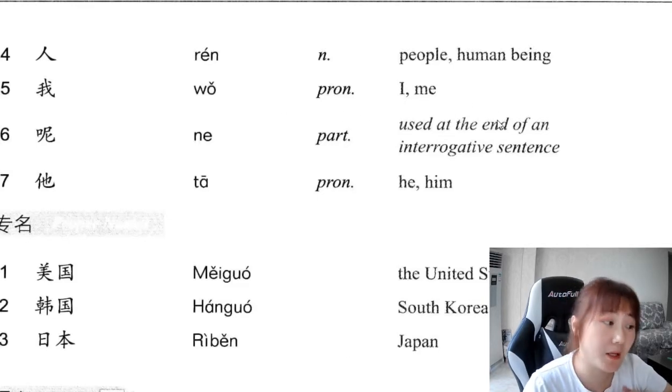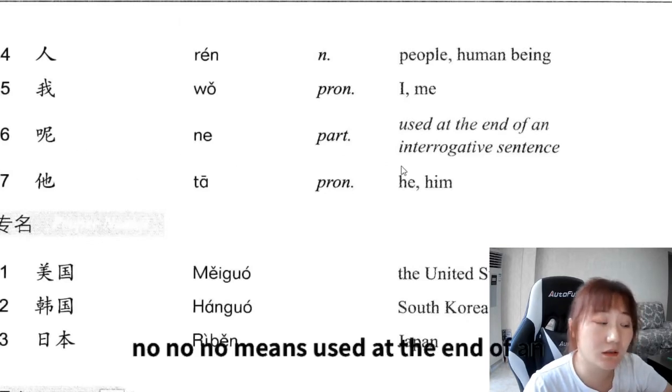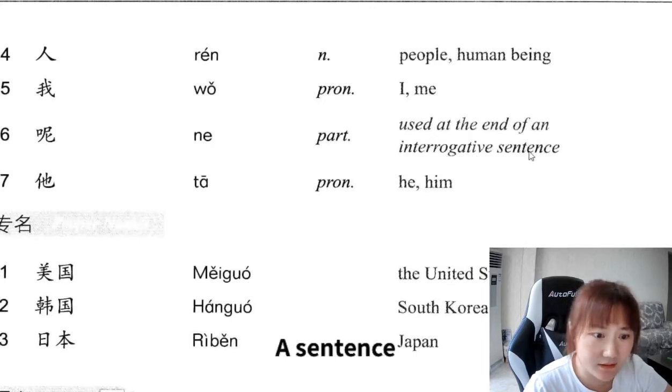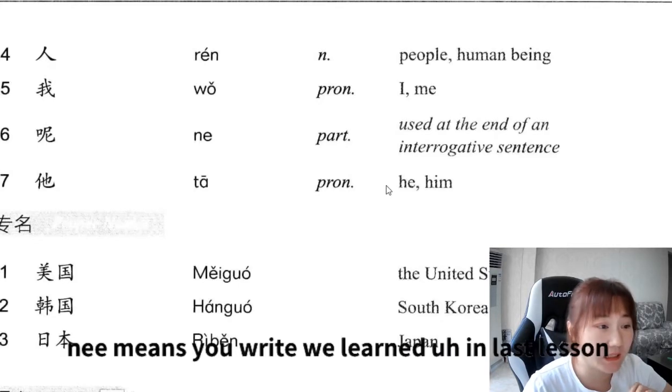The next 呢 means used at the end of an interrogative sentence. So when we ask 'and you?', we can say 你呢. 你 means you, right? We learned in the last lesson.